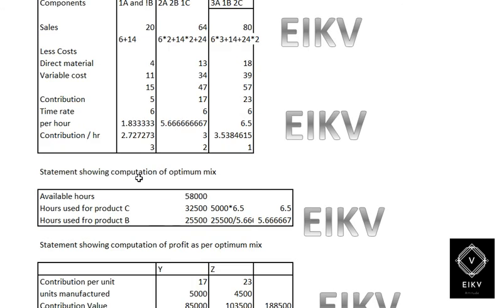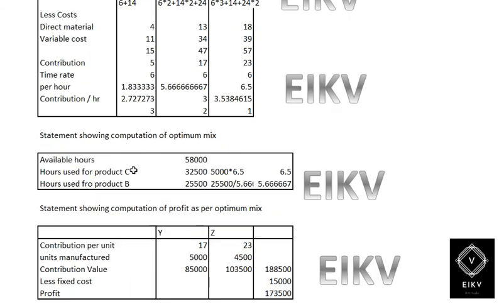Then the statement showing computation of optimum mix. Hours available is 58,000 hours. Hours used for product C: product C is ranked first, so product C shall be manufactured first. So 5,000 into 6.5 will give 32,500 hours.